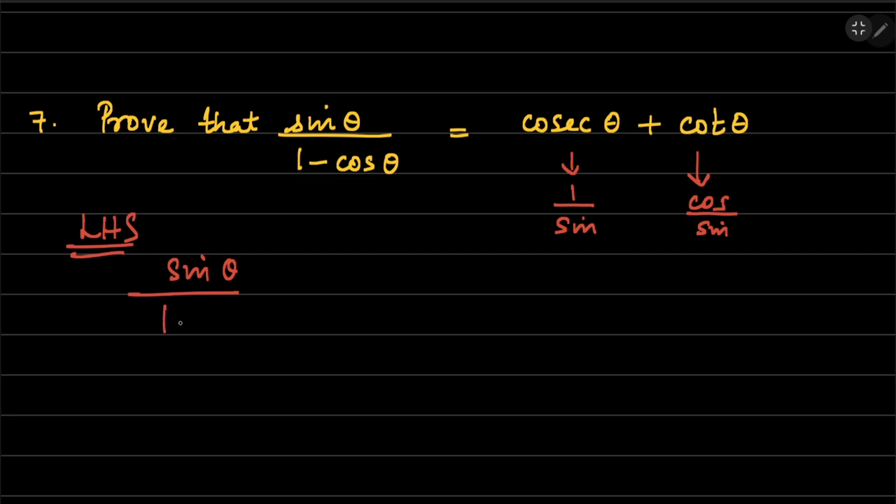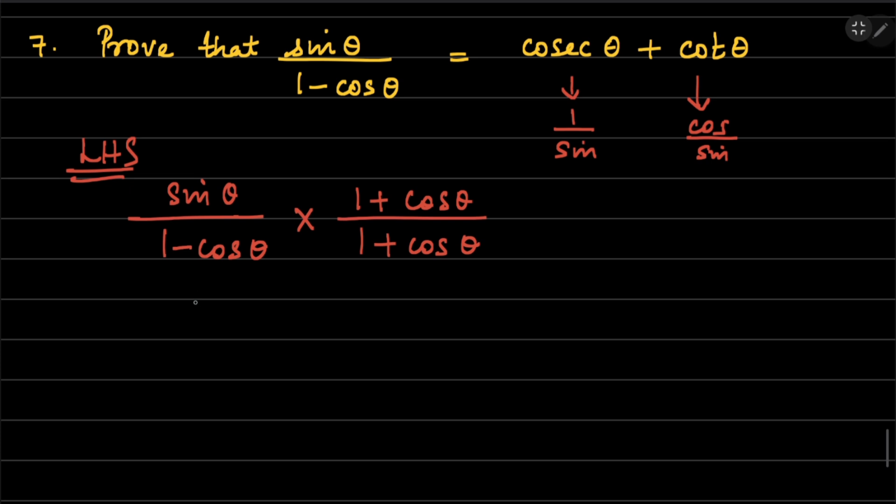So sine theta divided by 1 minus cos theta. How do you rationalize the denominator? Multiply numerator and denominator by the reciprocal of this. That is, you have to do a sign change, right? So you have to multiply numerator and denominator by 1 plus cos theta.